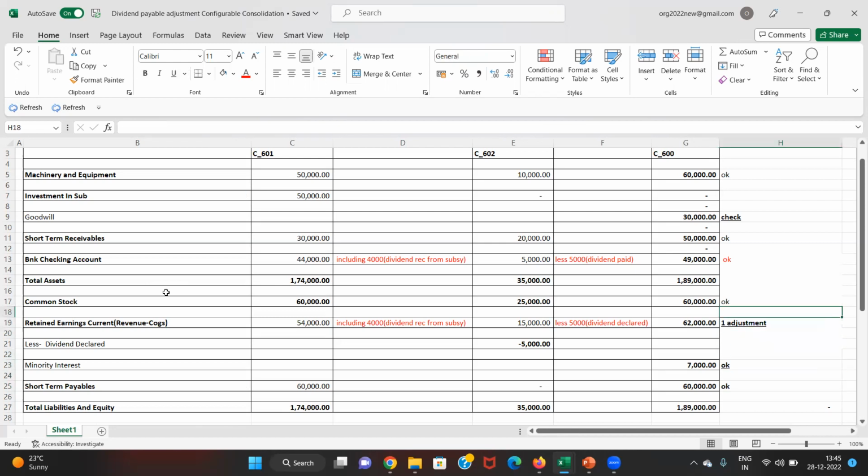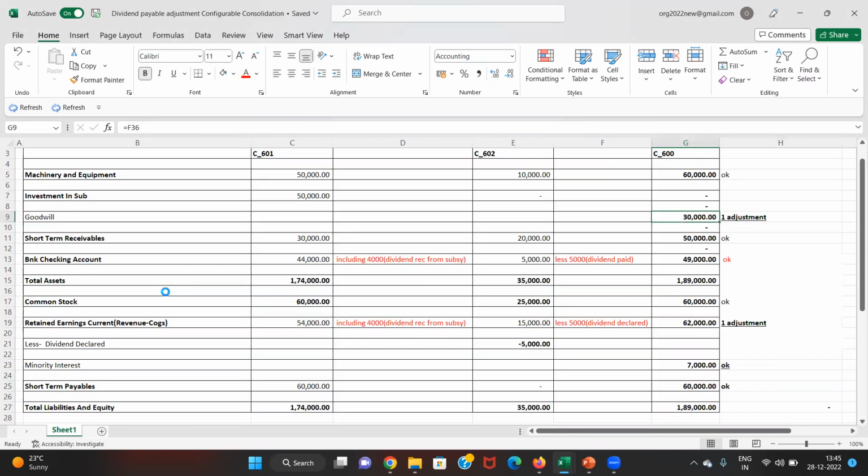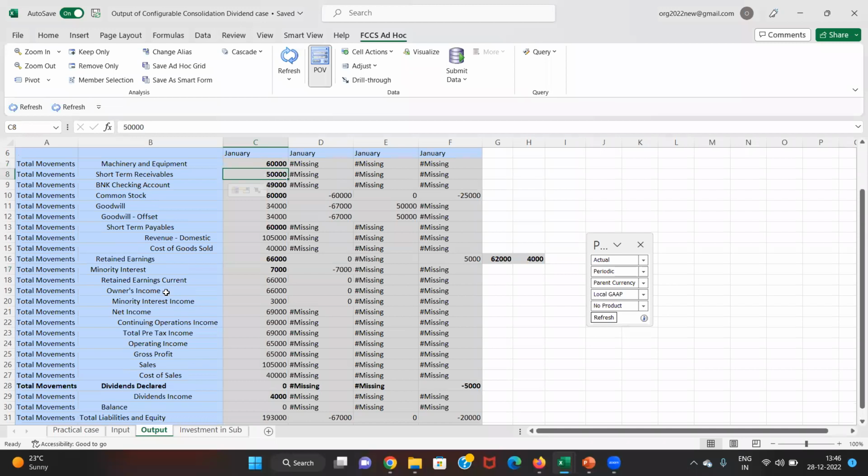The only issue, the second effect of this adjustment, is going under the goodwill account. The balance of our goodwill should be 30,000 as per our use case. However, it is rolling up as 34,000 under the goodwill offset account. So we need to adjust these amounts to get to our desired results.